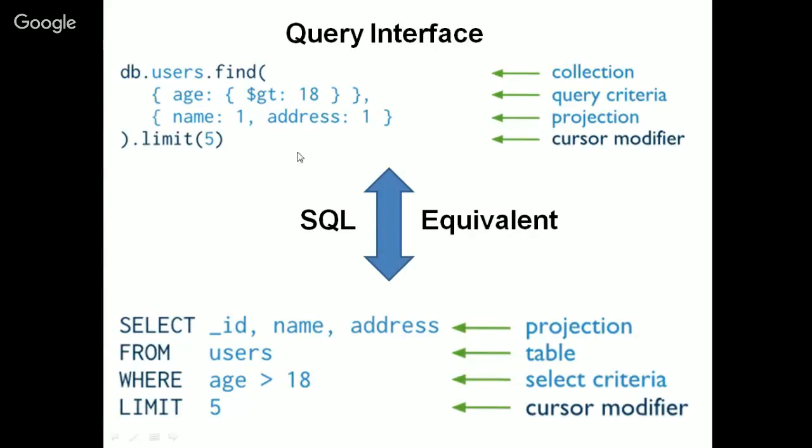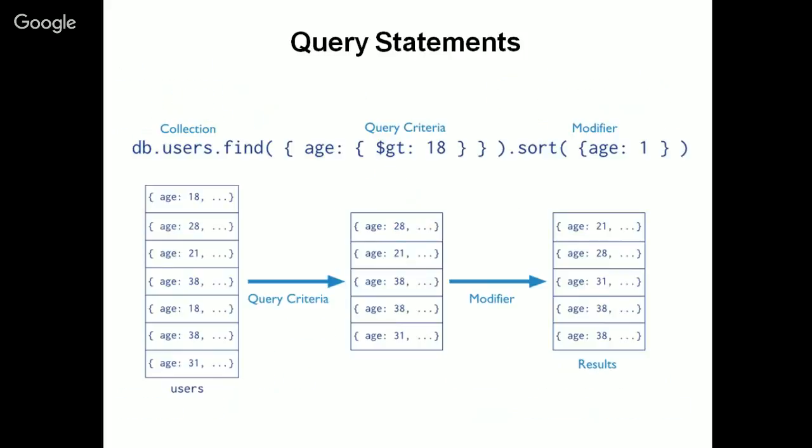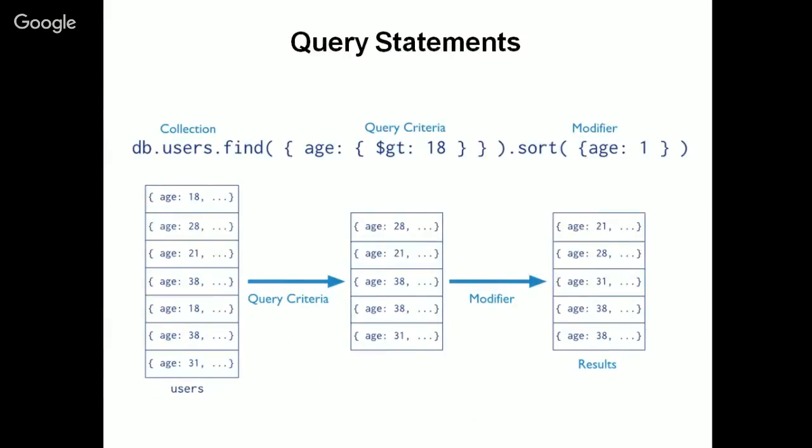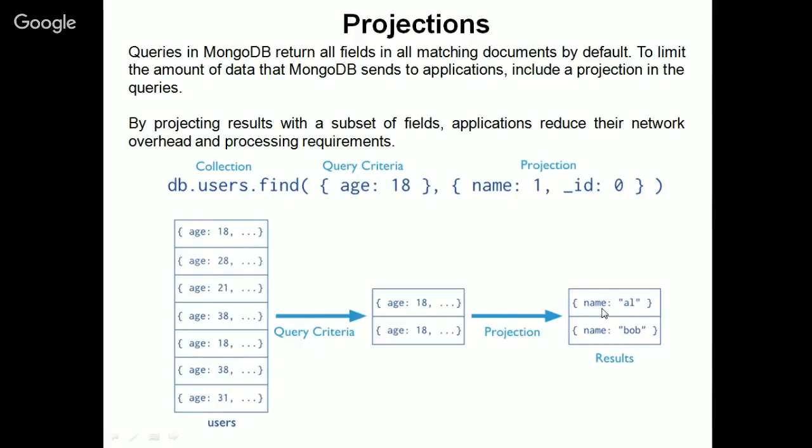Okay, and limit 5 is the cursor modifier, it means you want to display the top 5 records. Now this is your projection.